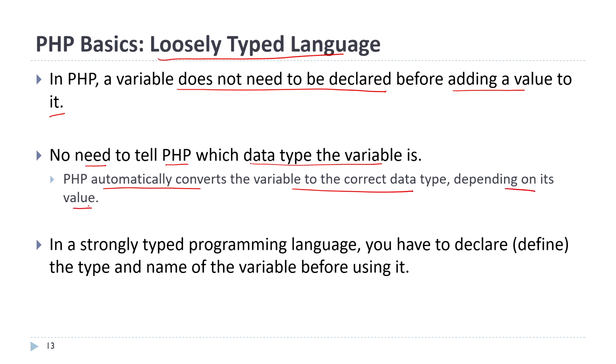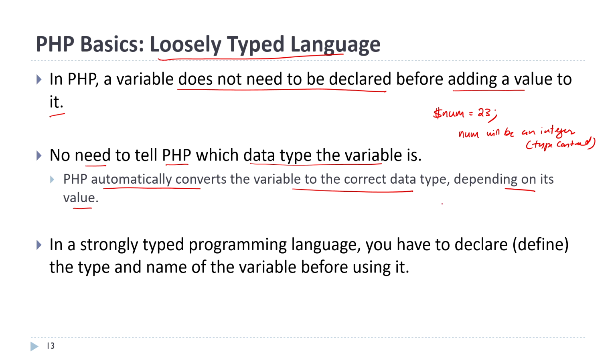Whatever value you assign, if you say $num is equal to 23, then num will be an integer. It will be typecasted to an integer.